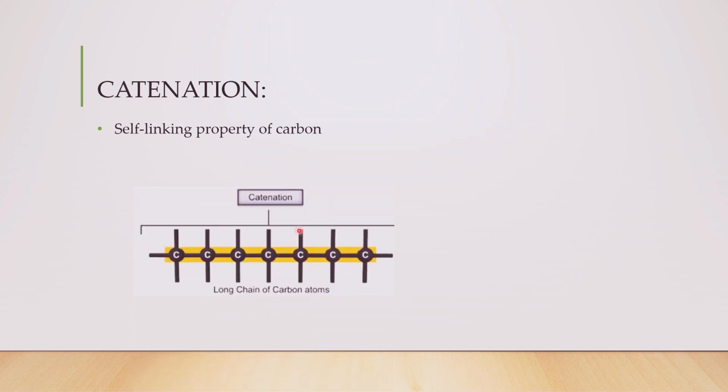And now we are going to see the important property of carbon, that is catenation. Catenation means the self-linking property of carbon, and it is the most important property, as it helps the carbon to link with other atoms. See this, it forms a long chain of carbon atoms, up to n times.